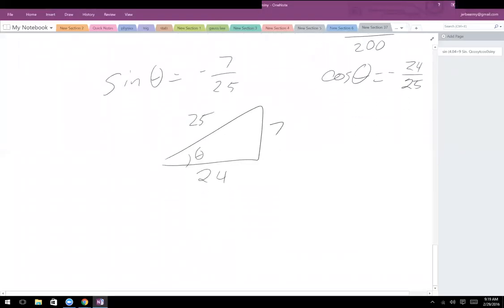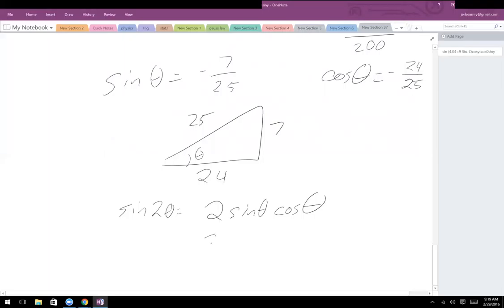All right. So sine 2 theta. What is the formula for sine 2 theta? Two sine theta cosine theta. There you go.